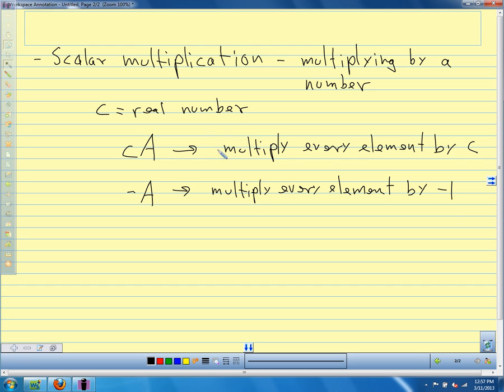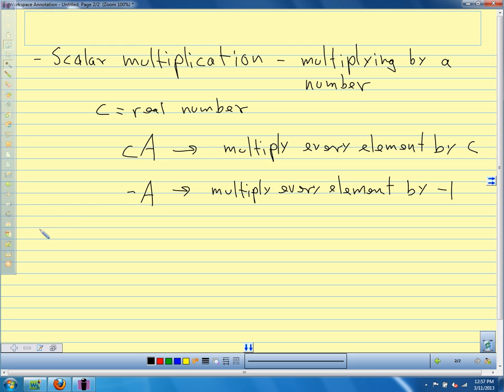So these two ideas are pretty easy. When we multiply by a number, we just multiply every element by a number. When we're talking about the negative, we just multiply every element by -1. So any questions on that? I'm not going to do any examples of this. We're just multiplying everything by a number.